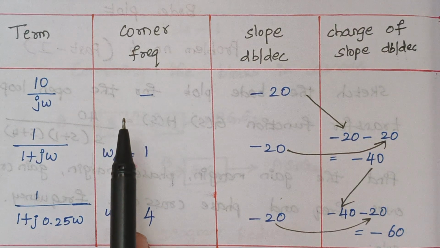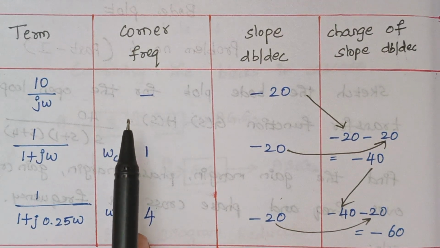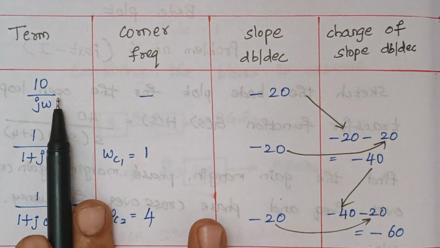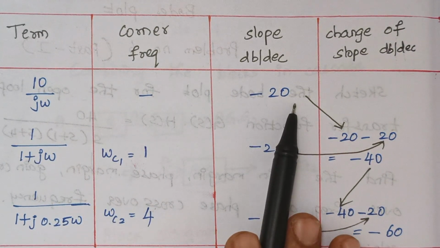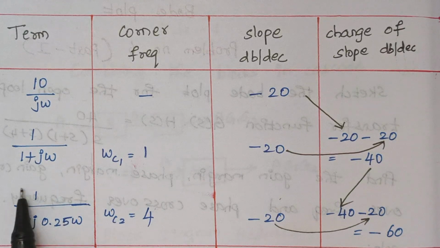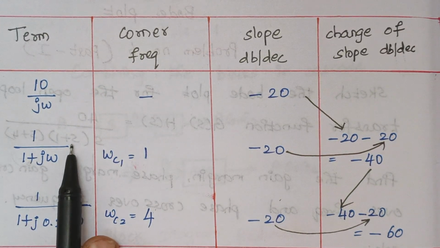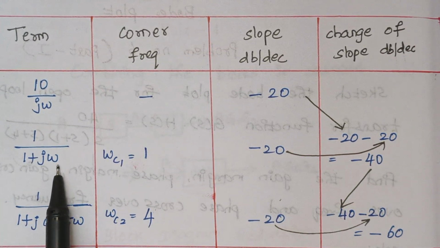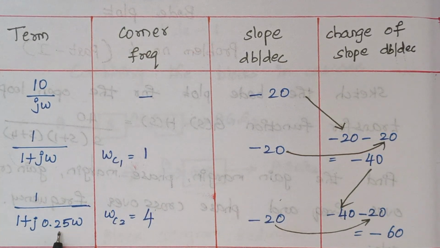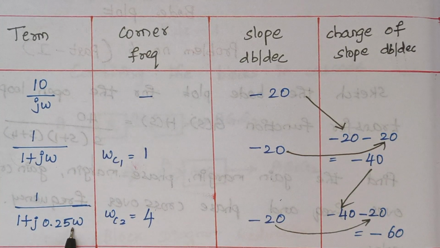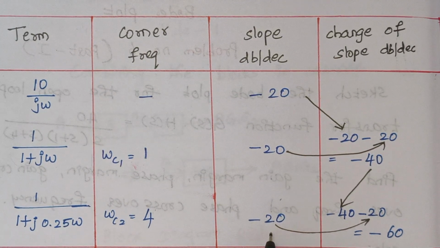So this omega always contributes a slope of 20 decibel per decade. Since it lies in the denominator, I am writing it as minus 20. For the second term, omega also lies in the denominator, so this produces a slope of minus 20 again. And here also omega lies in the denominator, and again this constitutes a slope of minus 20.